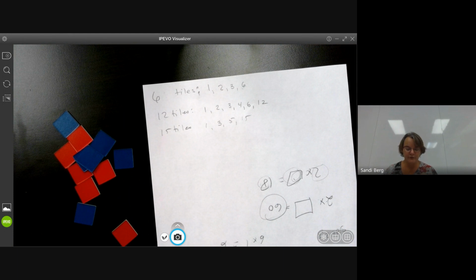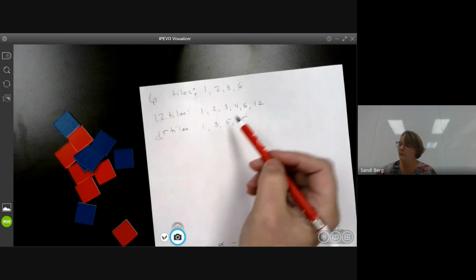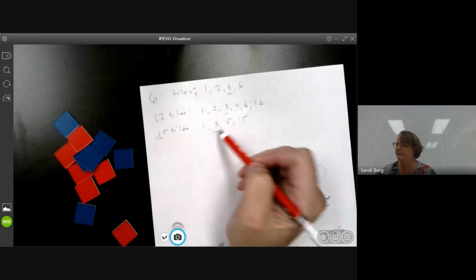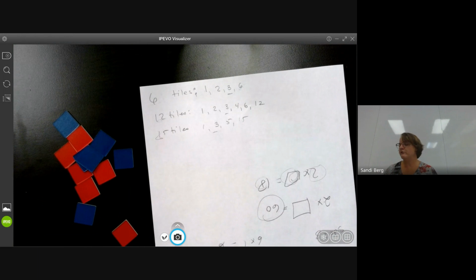Why do they all, 6, 12, and 15, have a factor of 3? Well, that's because you can build an array of 6 tiles with a dimension of 3. You can build an array with 12 tiles with a dimension of 3. You can build an array with 15 tiles with a dimension of 3.